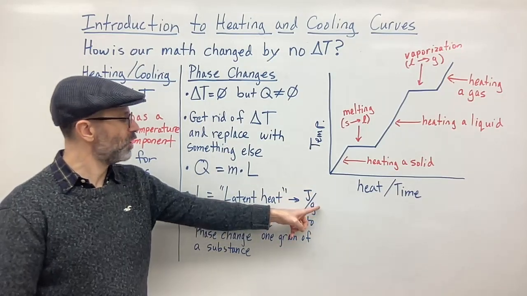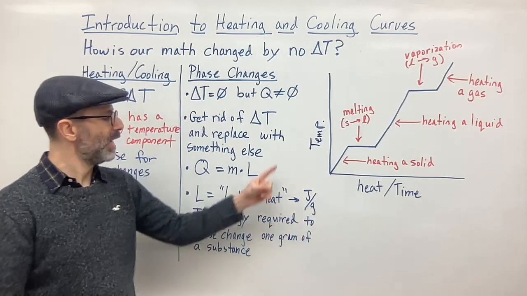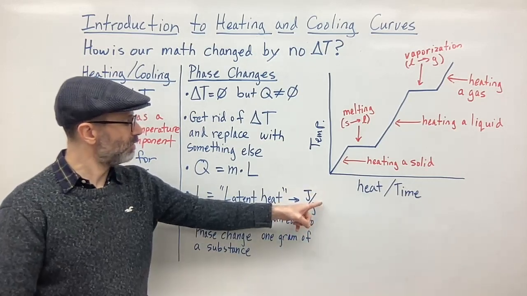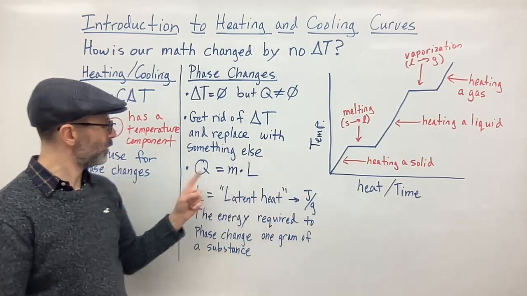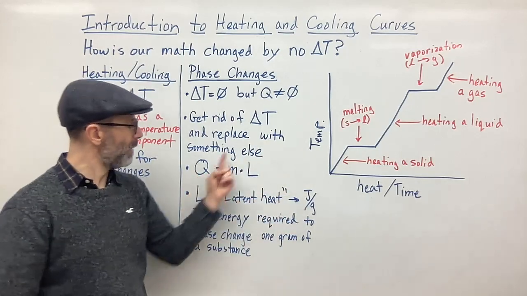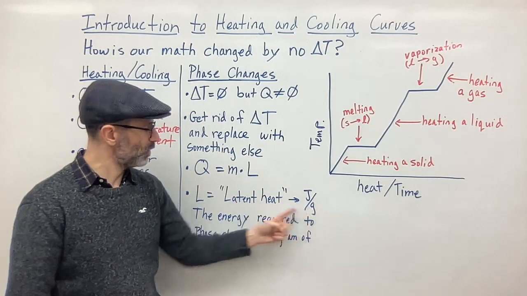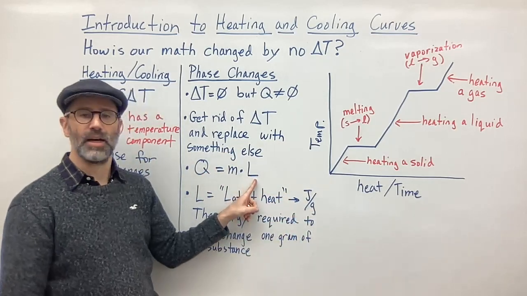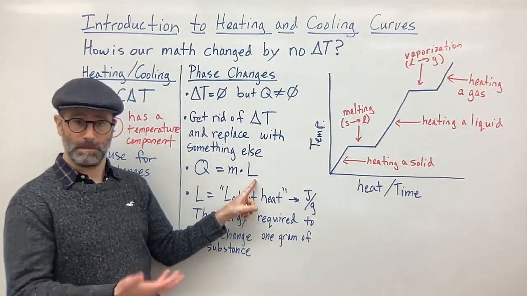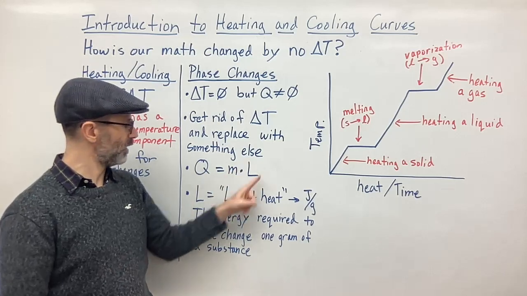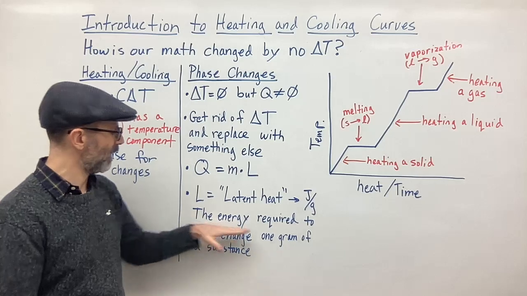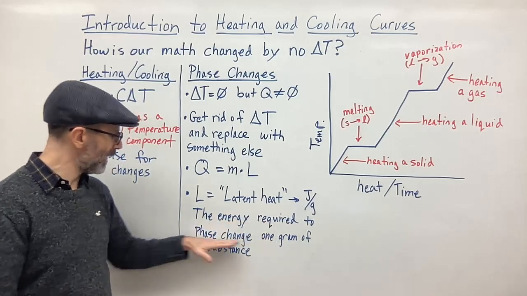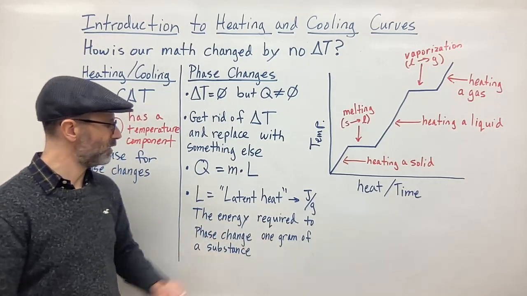So all you need to know is the mass of the substance, multiply by the mass, get rid of grams, and then you have joules, which is quantity of heat. So the math is related to the units you have in the latent heat relationship, whatever the latent heat of that substance is. This latent heat is the energy required to phase change 1 gram of the substance.